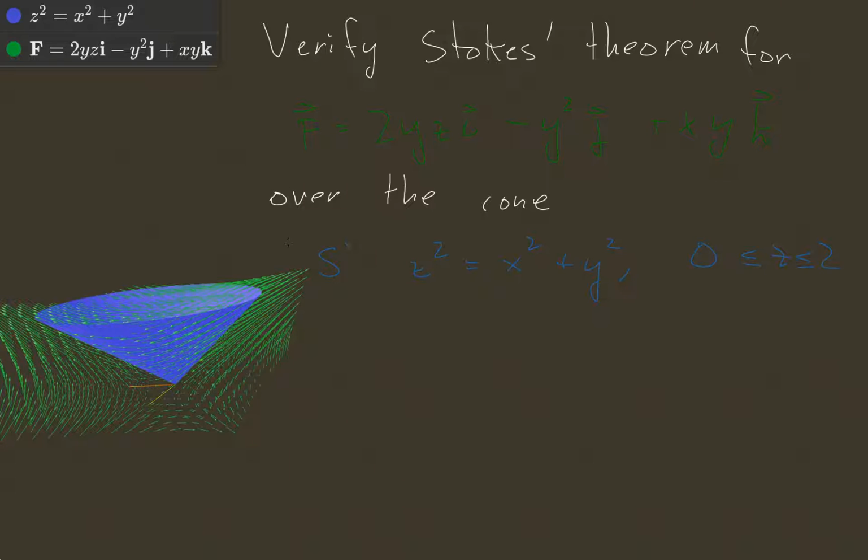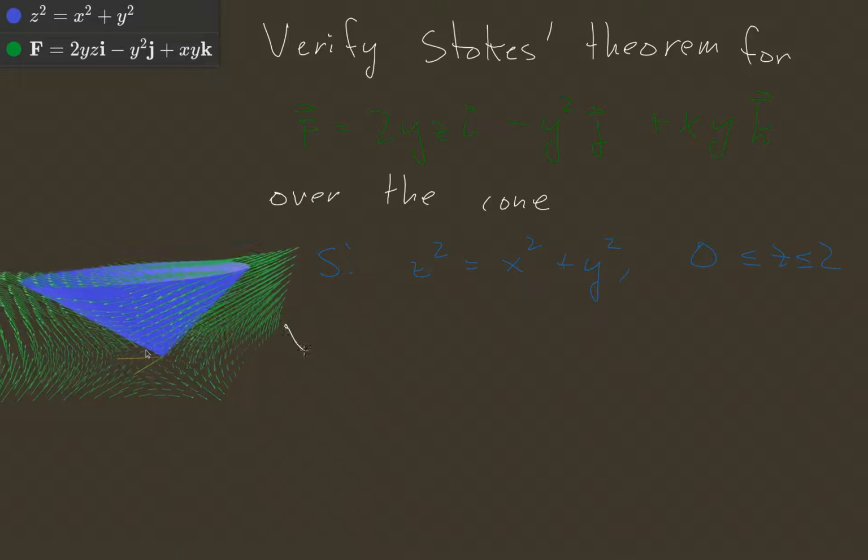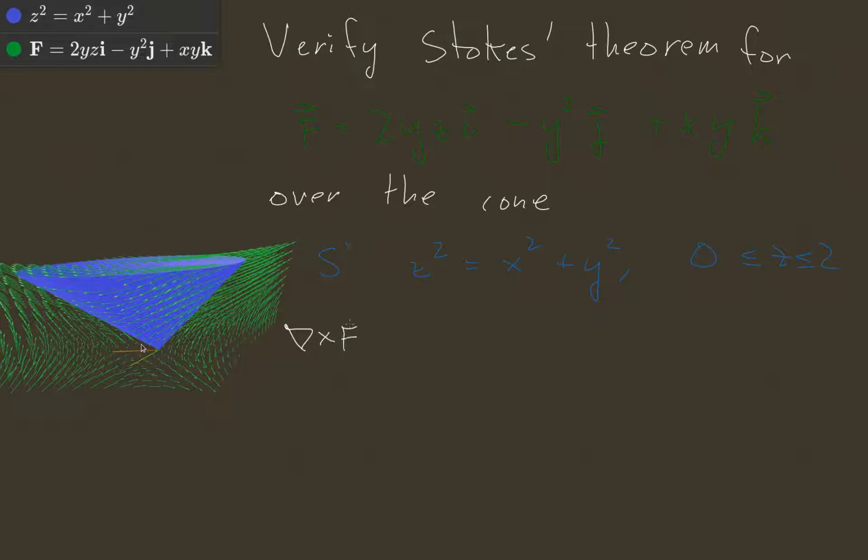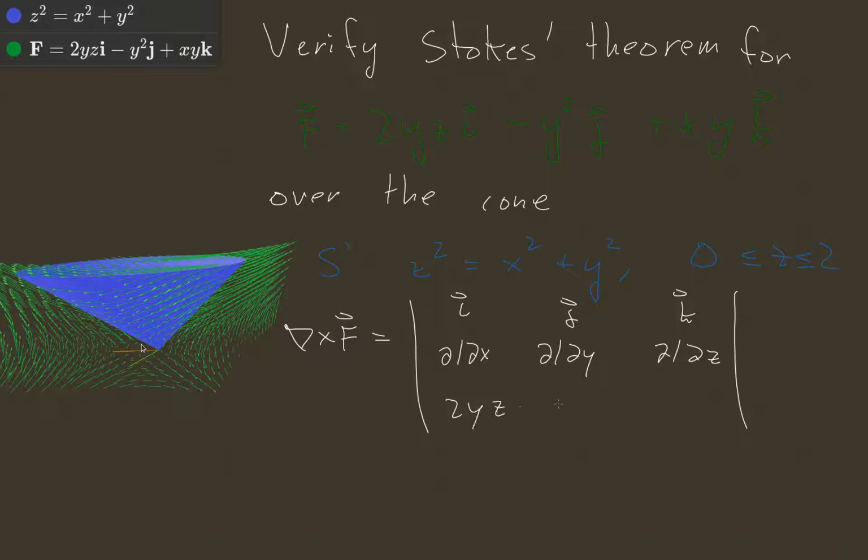So the first step is to find the curl of this vector field. Curl F is del by del x, del by del y, del by del z, i j k, now 2yz, negative y squared, xy.